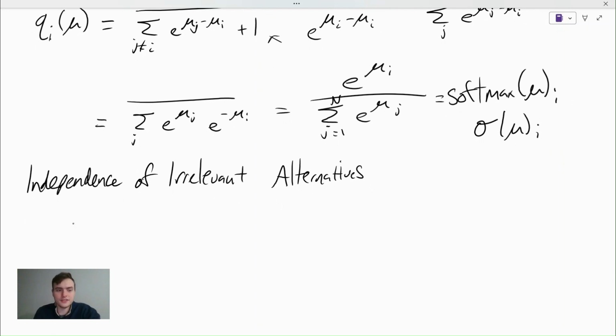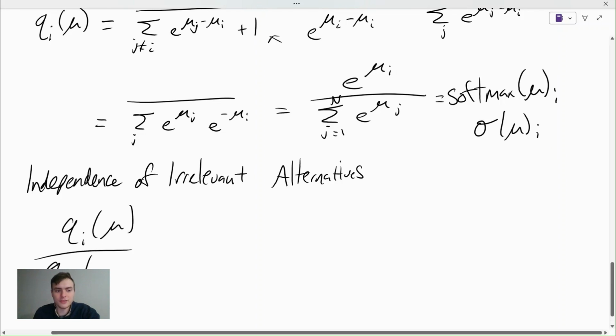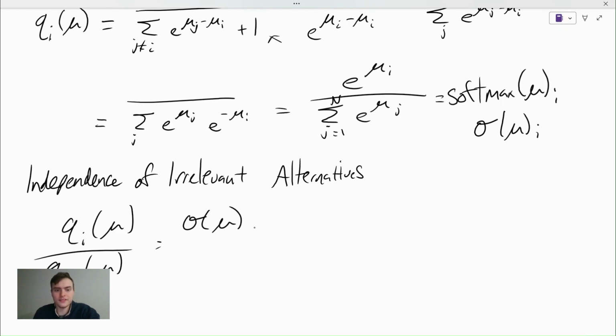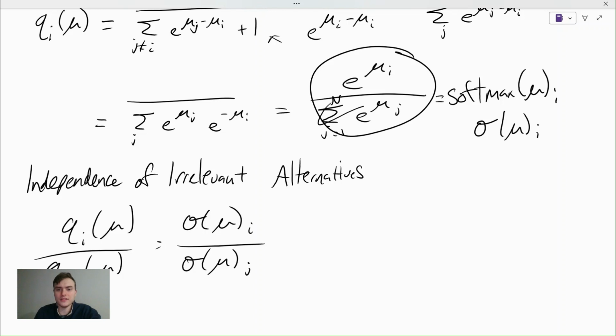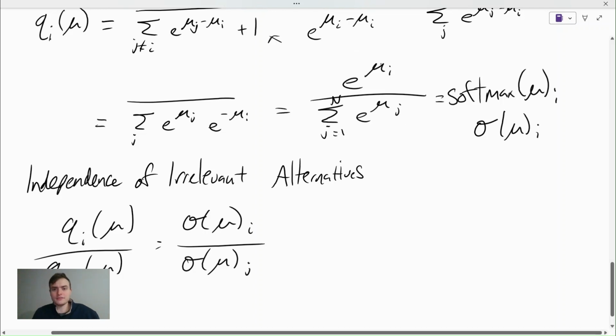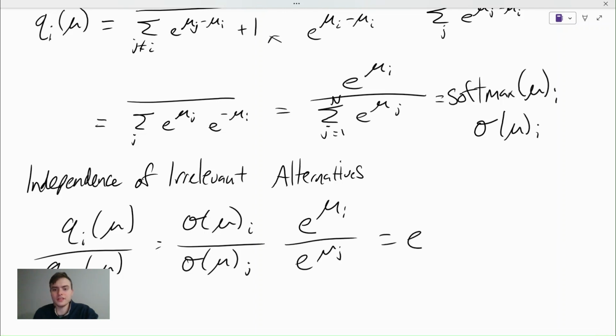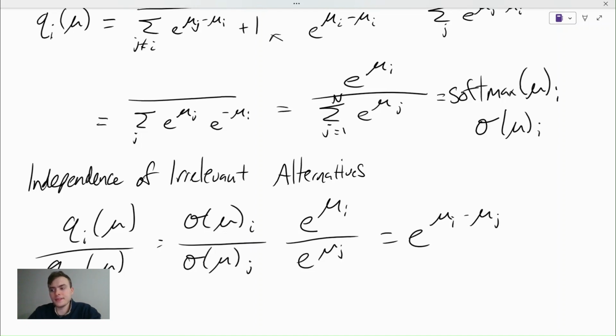Because if we take qi of mu and divide by qj of mu, that means we're left with softmax of mu I over softmax of mu j. Looking at this function, the denominator is the same for both, so we're just left with e to the mu I over e to the mu j, equals e to the mu I minus mu j.